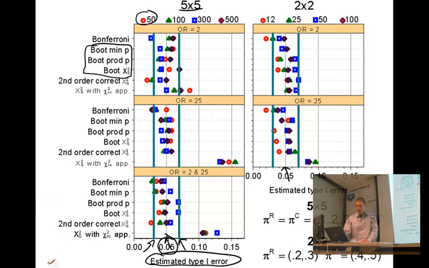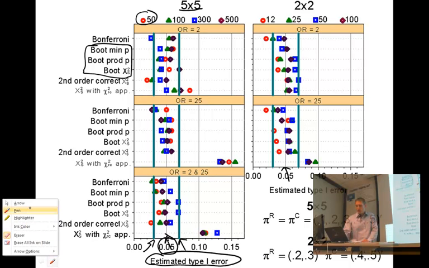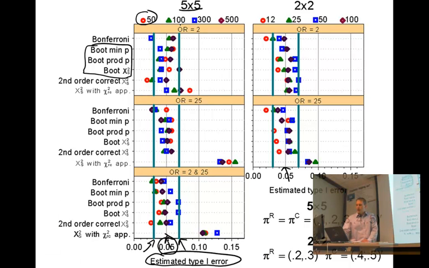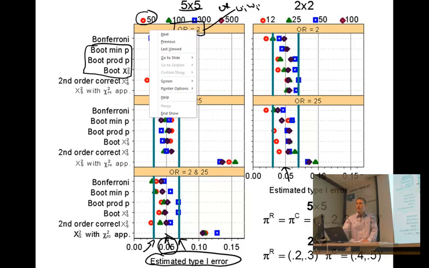And you can see that my method is working. This corresponds to a particular situation where the odds ratio between Wi and Wi prime is set to 2. The same thing for the Y's as well. So I have moderate association.